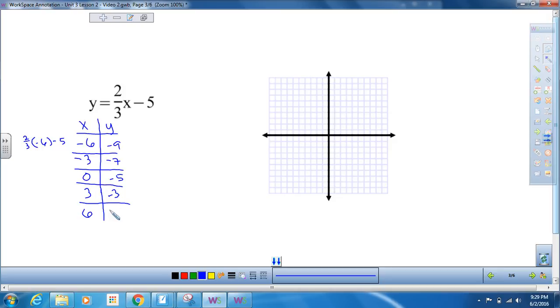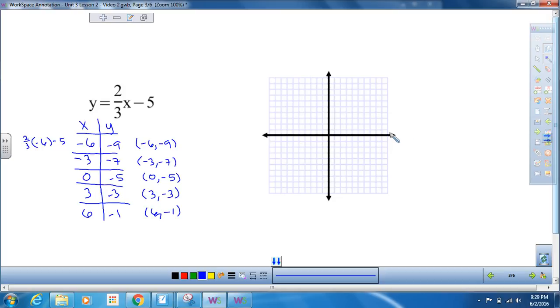And when I plug in 6, I should get negative 1. Okay, so then these are the ordered pairs that I graphed. Negative 6, negative 9. Negative 3, negative 7. 0, negative 5. 3, negative 3. And 6, negative 1.